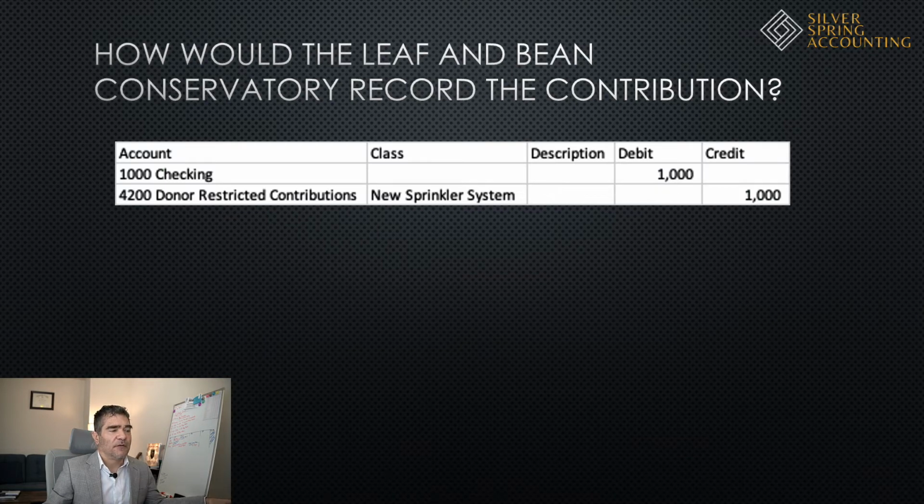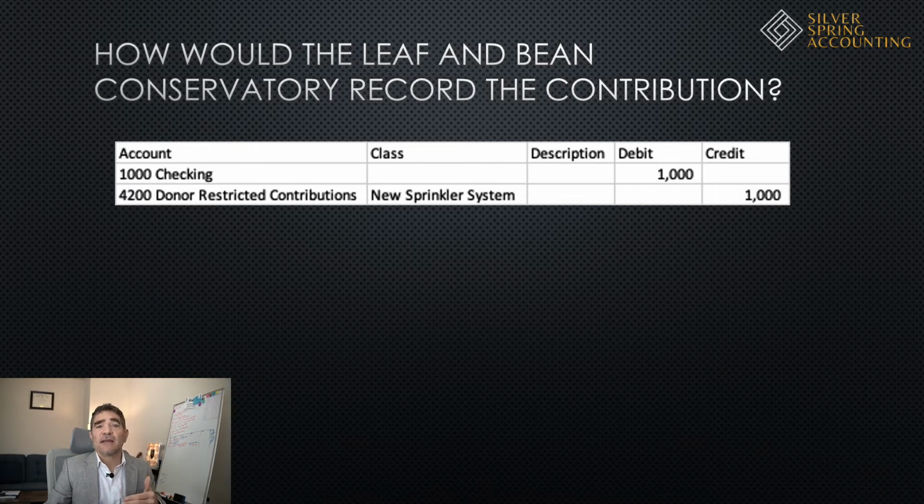Well, they are going to receive the cash. So we've got a debit to their checking account. And then they're also going to record the revenue, and they're going to record it as a donor restricted contribution.